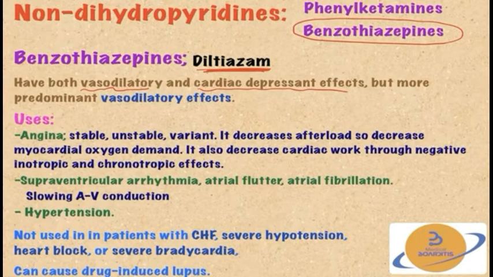The alpha 1 adrenoreceptor blockers produce vasodilation by blocking the action of norepinephrine at postsynaptic alpha 1 receptors in arteries and veins, and this results in a fall in peripheral resistance without a compensatory rise in cardiac output.